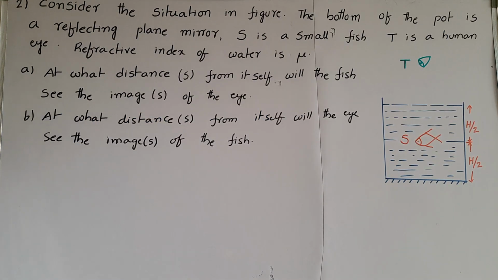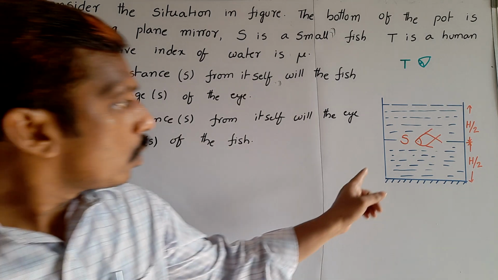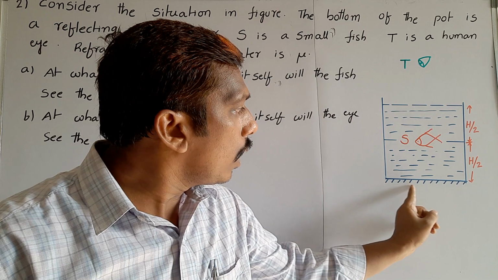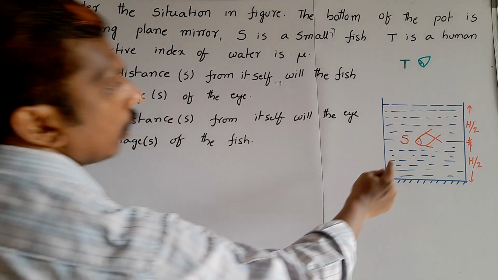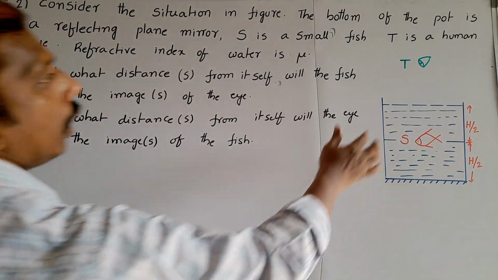Next, second problem. Consider the situation in the figure. The bottom of the pot is a reflecting plane mirror. So for this pot, the bottom is a plane mirror. S is a small fish. S is a fish, T is a human eye.